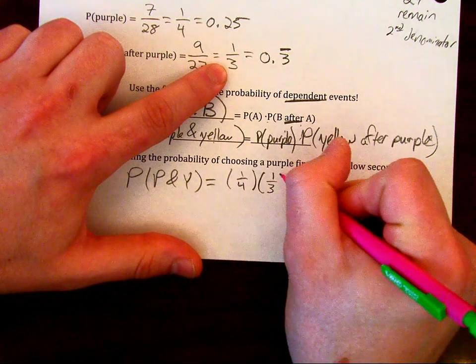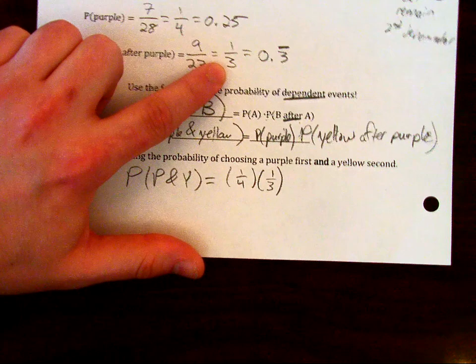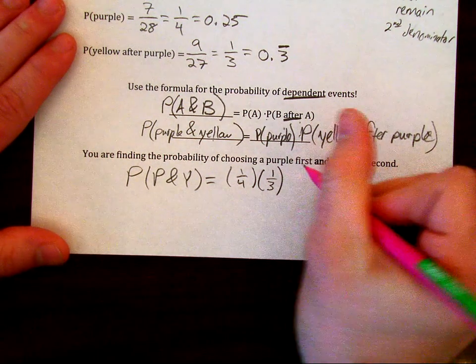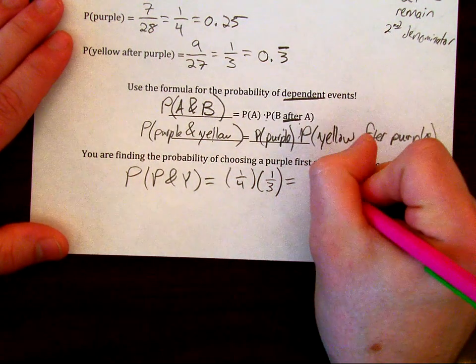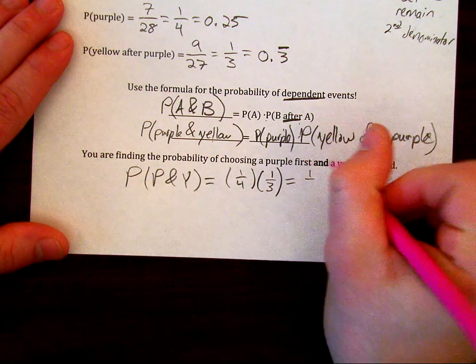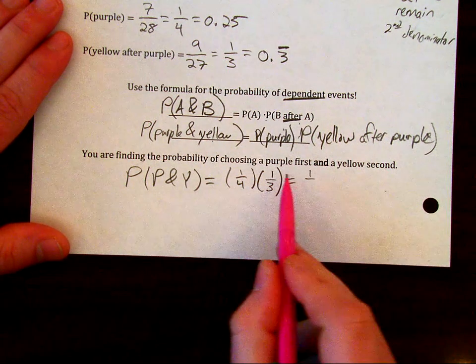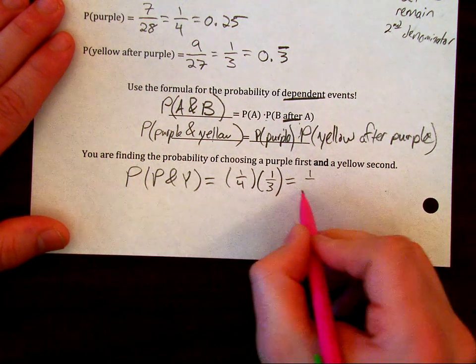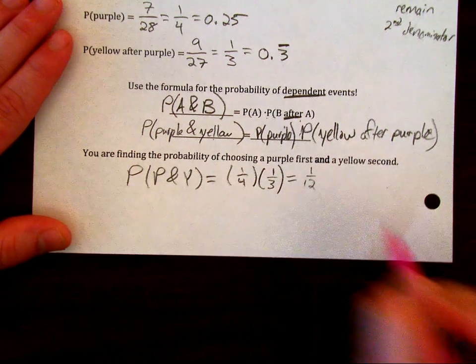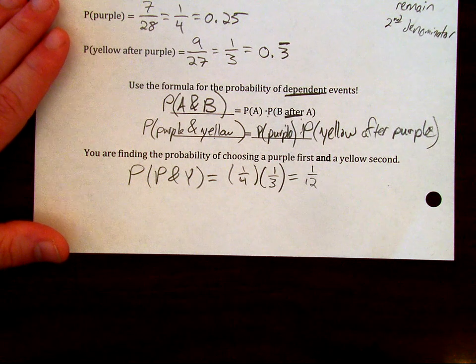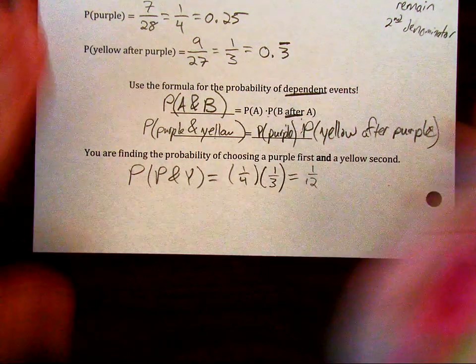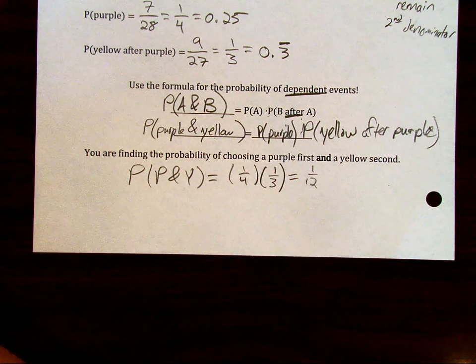Multiply those numerators together, so we'd say 1/3 times 1/4. You multiply the numerators, then you multiply the denominators together to get 1/12. Which, what does that end up giving us? Sure.